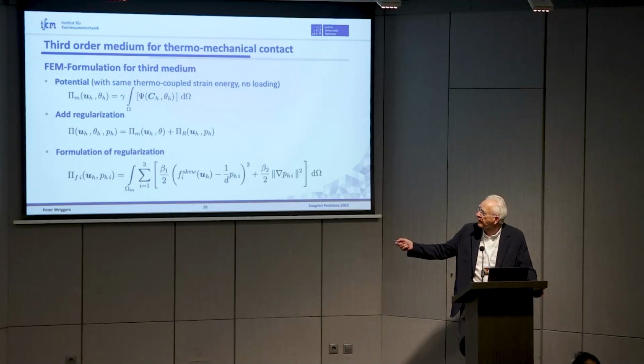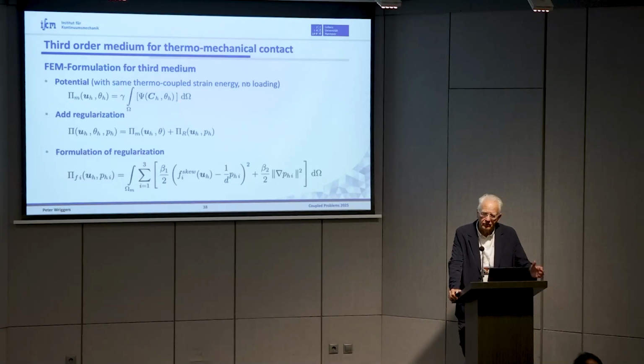But of course, you have to differentiate this with respect to the displacements and the temperatures, and then you get the residual vector. The residual vector has two parts, and if you differentiate that residual vector with respect to u and the temperature, you get a non-symmetric tangent matrix in this case.